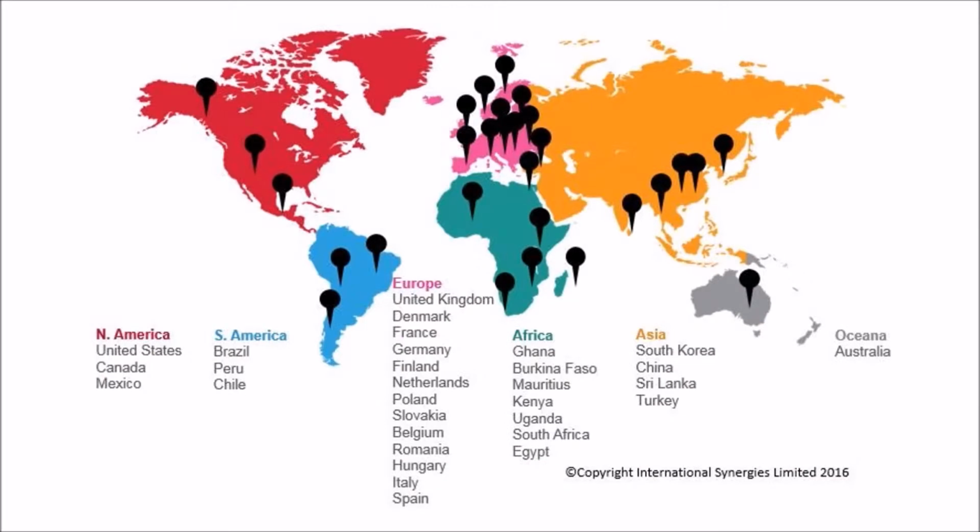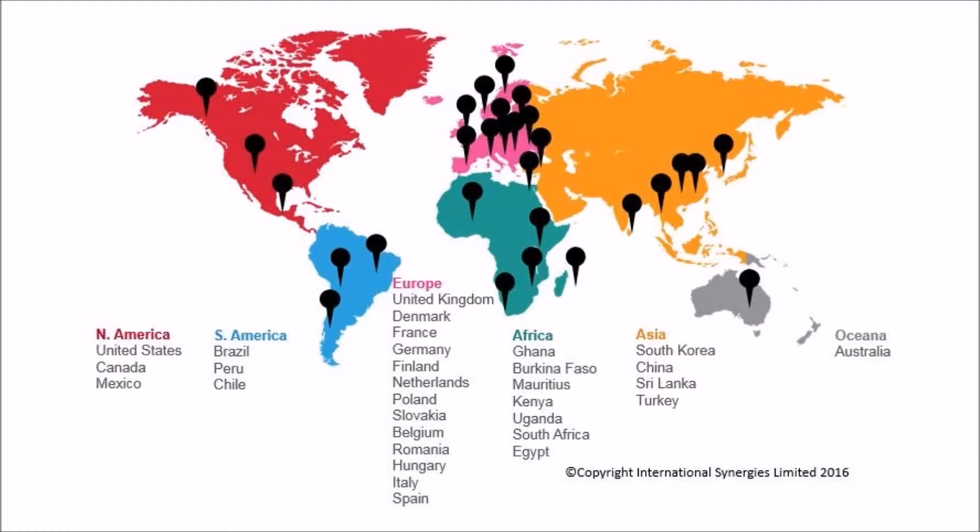Industrial symbiosis projects have been embraced by countries and regions around the world over the last 10 years. International Synergies has been a key facilitator of these projects, providing expertise and innovative tools for encouraging improved resource utilisation within companies and among businesses, often from different industry sectors.